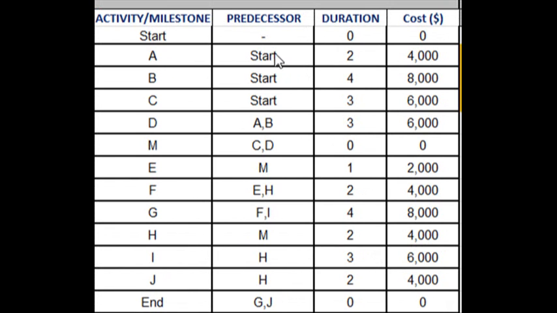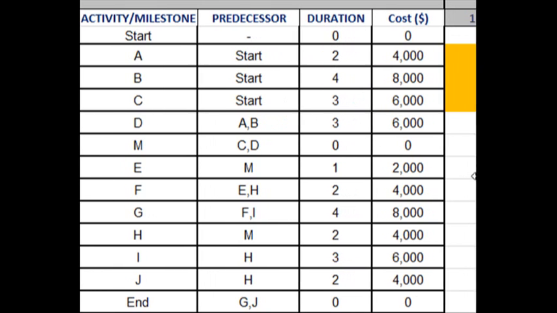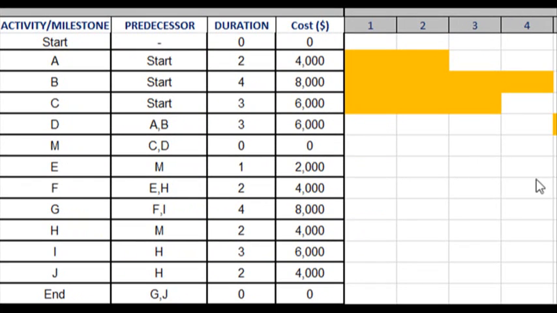So our first 3 tasks are A, B, and C. They begin on the start. They are 2 periods, 4 periods, and 3 periods long. If we plot those activities against our project schedule here, we have A, 2 periods in length, B, 4 periods in length, and C, 3 periods in length.